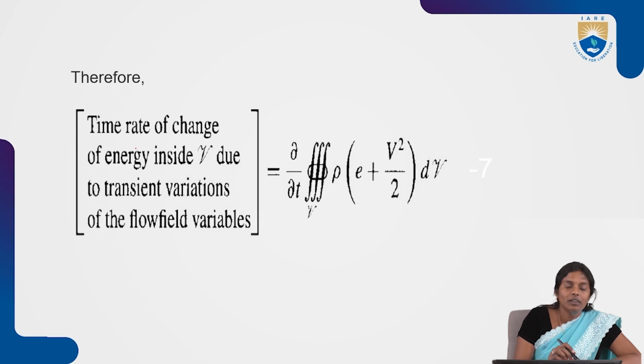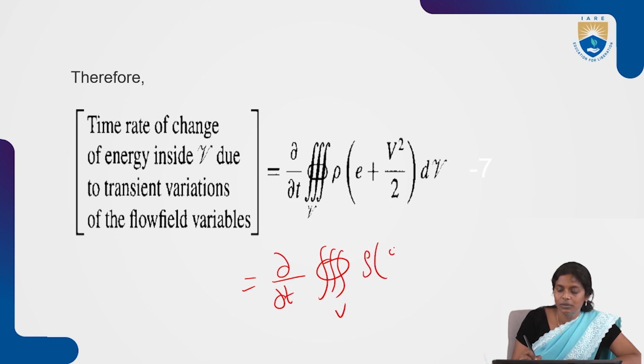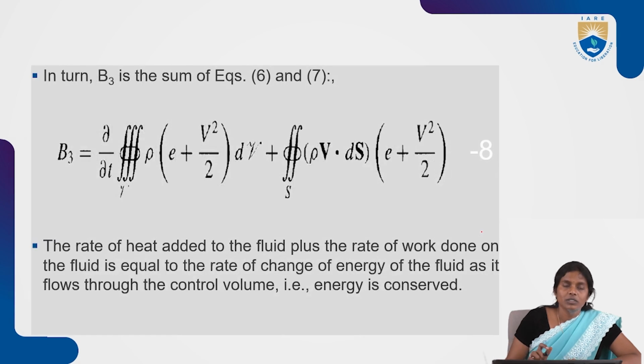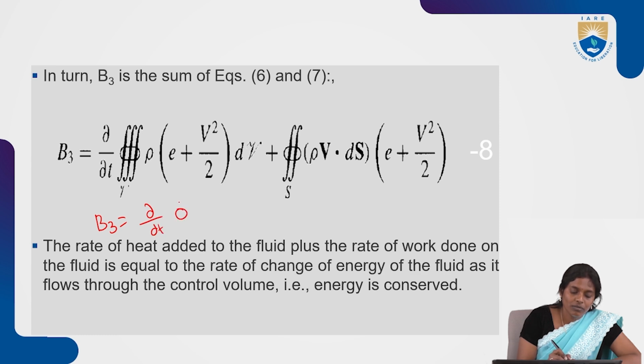Now what we need is the time rate of change of energy inside the volume due to transient variations of the flow field variables. Time rate of change means dou by dou t of the volume integral of rho into e plus V square by 2 into dV.